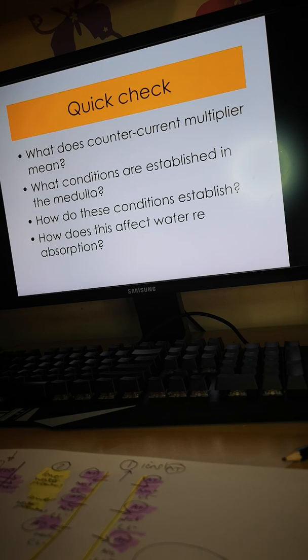The ascending limb is permeable to ions, not water. Therefore, having the filtrate flow in opposite directions, down and then up the limb, ensures that the water potential gradient is maintained across the length of the loop of Henle.